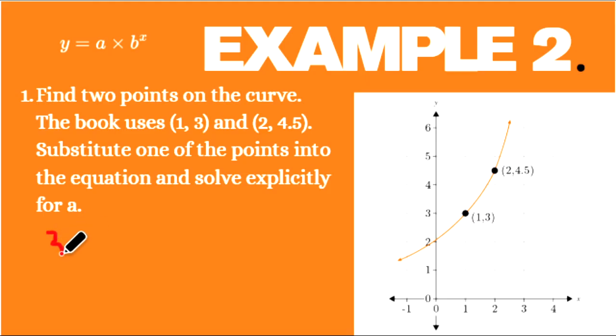So we have 3 is equal to a times b raised to the first power, which then gives us, did I do that right? Usually something gets eliminated. I'm not sure I did.